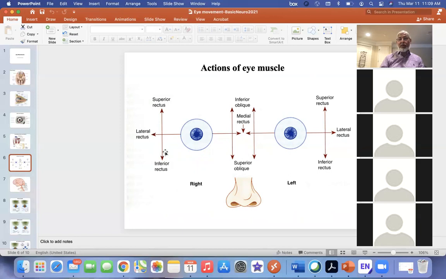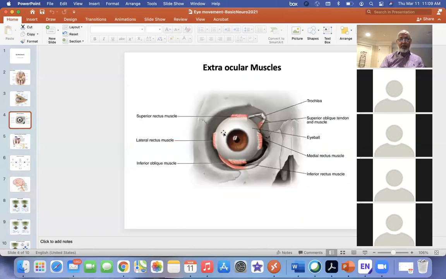So that's how, if you look at the eye muscles, the way they are arranged, if you think about this one, if this muscle contracts, which way will the eye go? It will go towards the lateral direction. If this one contracts, it will go towards the medial direction. If you contract this one, it will elevate the eye. See, the eye will move like this.